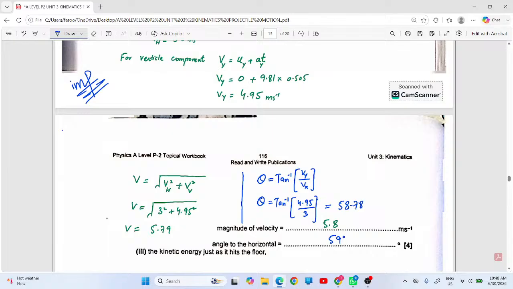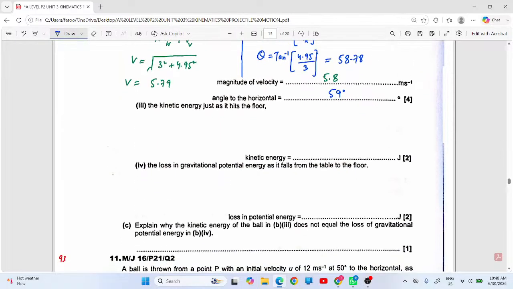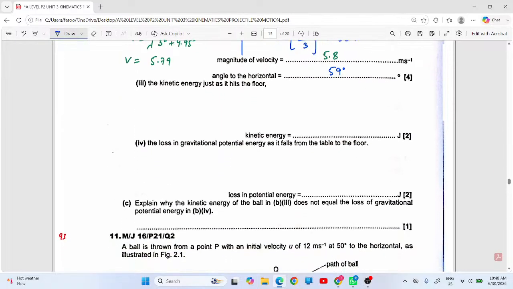Okay, the kinetic energy just as it hits the floor. So kinetic energy का formula क्या होता है? Kinetic energy equals 1 over 2 mv square. m is the mass. Is mass given? कितना है?